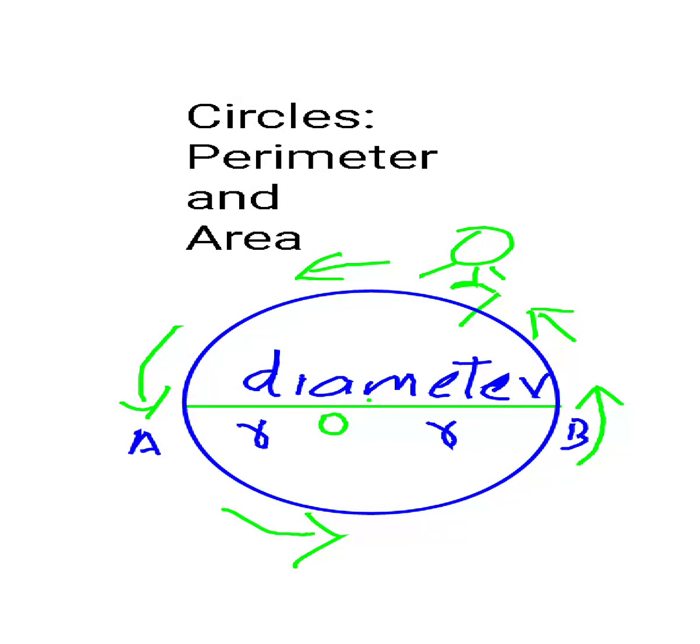Now let us talk about that. People have found out that, first of all, I'd like to say what is perimeter. Whatever the definition, we know that it is the boundary.